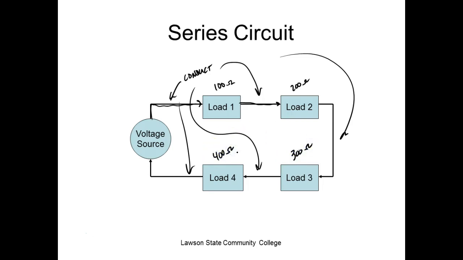So which one will we lose the most pressure in? Yeah, the 400. Right, you understand that. The 100 would drop the least pressure. And then, of course, I just increased as we go around. If they all had the same ohm value, then each one of them would lose the same amount of pressure. Does that make sense? And what happens is all this pressure is gone before we get around here.